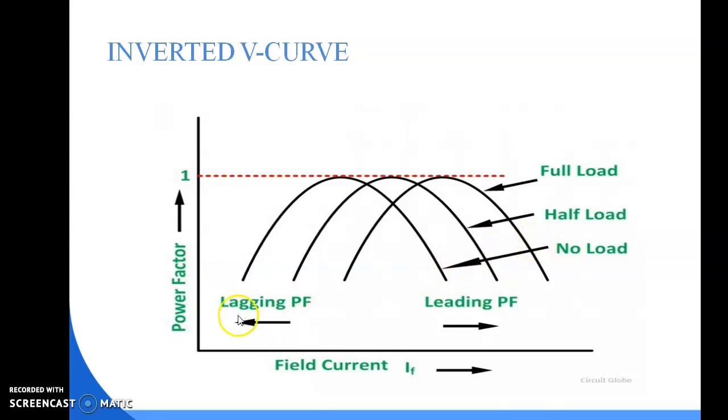Again, this region is for lagging power factor, this region is for leading power factor. And we know at lower power factor values, the field current value is like this. The power factor will be minimum in both the cases, but here the power factor will be maximum or unity.